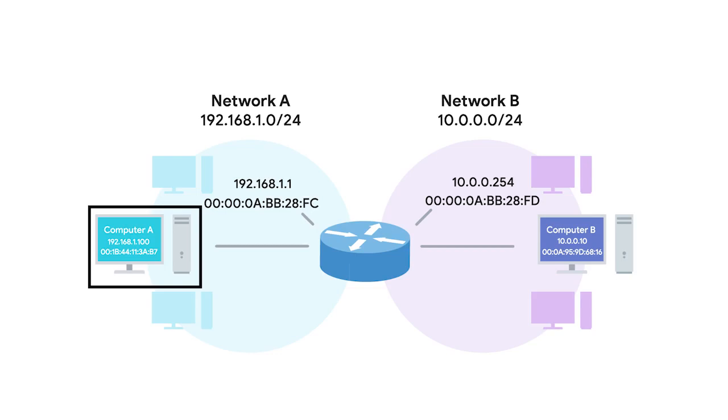A computer on Network A with an IP address of 192.168.1.100 sends a packet to the address 10.0.0.10. This computer knows that 10.0.0.10 isn't on its local subnet, so it sends this packet to the MAC address of its gateway, the router.